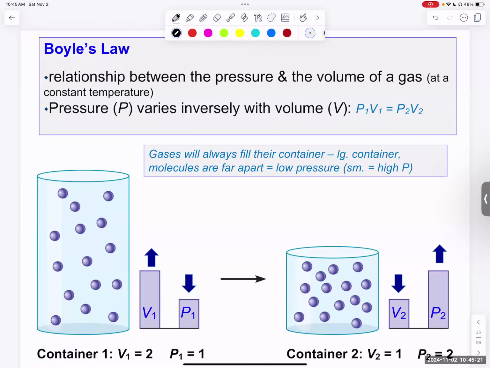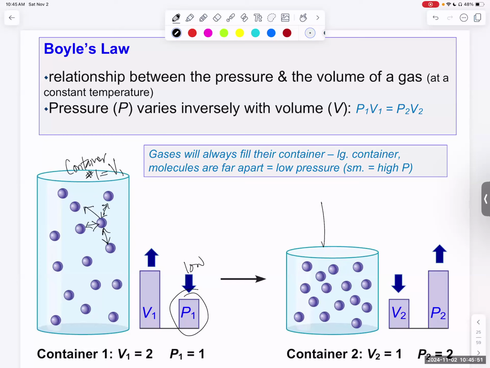So Boyle's law explains the relationship between the pressure of the gas in a container. And this is showing you container 1, and that's equal to volume 1. Gas molecules have a nice big distance, and so it has pretty low pressure because those gas molecules are pretty far apart.